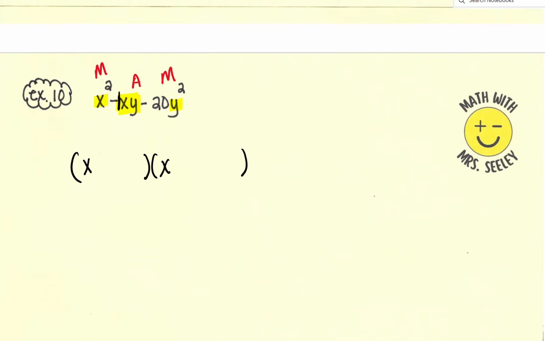So I'm thinking of all my choices to get 20, and 5 times 4. But don't forget the y, so 5y and 4y. Looking at your middleman, that's a negative 1. So I need the negatives to win this battle. So I need a negative 5 and a positive 4, and that's going to give me a negative 1. I also know my signs work because negative times positive multiplies to give me that negative.